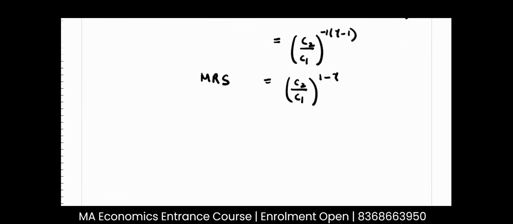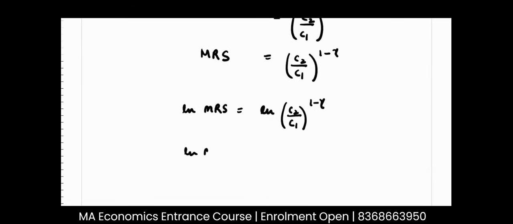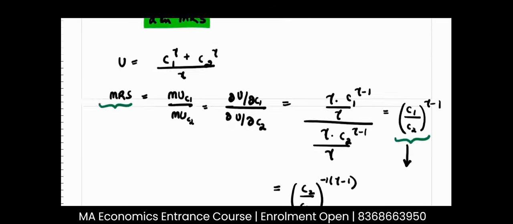Now let's take log on both sides. So ln MRS is equal to ln of C2 by C1 to the power 1 minus gamma. So ln MRS is equal to 1 minus gamma times ln C2 by C1. Now what do I have to find out?